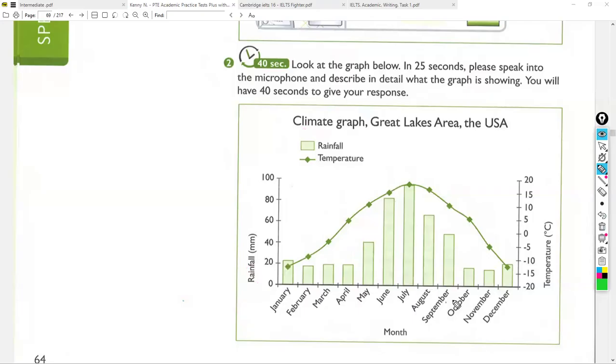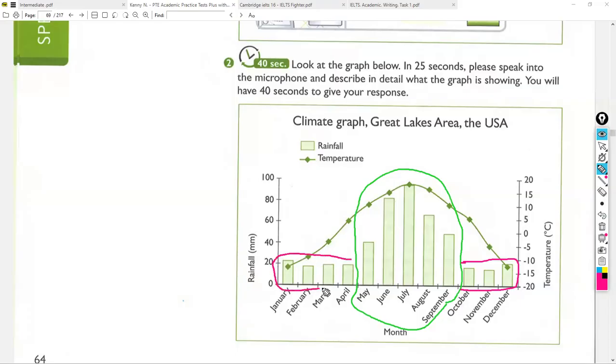By the way, we can notice that the rainy months are these, from May to September. But these months are not rainy that much. I'm talking about from October to April.